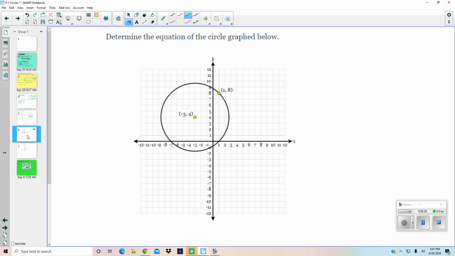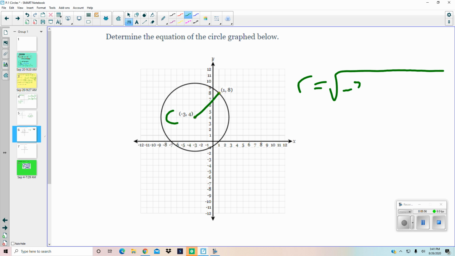The other type of problem you're going to get is one where you have to find the radius. You're given the center, (-3, 4), but I can't just count to get the radius. I need to actually use the distance formula between those two points.